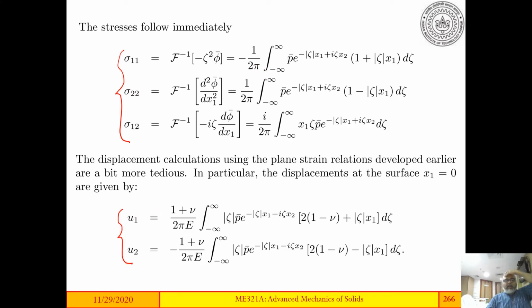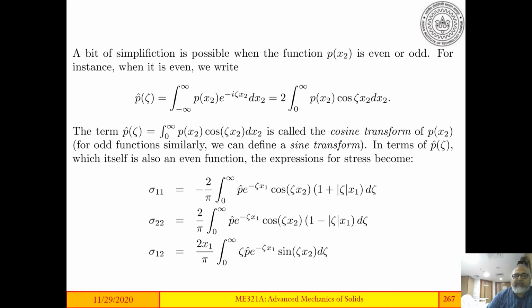Now, I can do some simplifications for cases where p is either an even or odd function. If p is an even function, then p bar is also an even function. If p is an odd function, p bar is also an odd function. And in the even case, I can reduce this integral from minus infinity to infinity to 2 times an integral from 0 to infinity, because p is even.